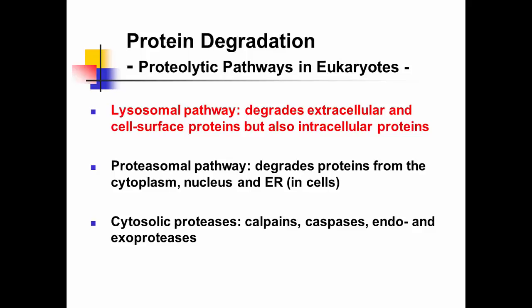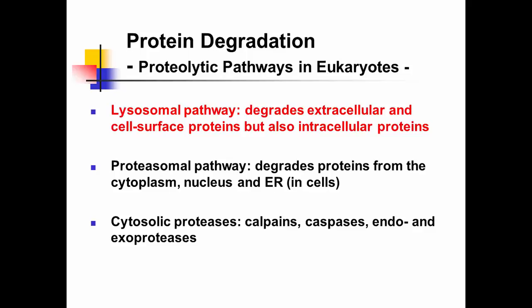So these three pathways include the lysosome pathway, the proteasome pathway, and cytosolic proteinase, right? The lysosome pathway basically degrades extracellular and cell surface proteins, but also some intracellular proteins. Extracellular proteins, for example, are some proteins in the plasma that need to be degraded.